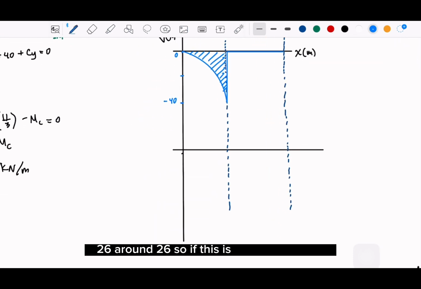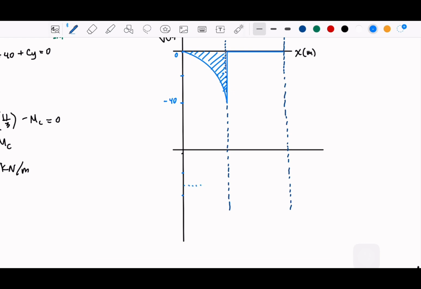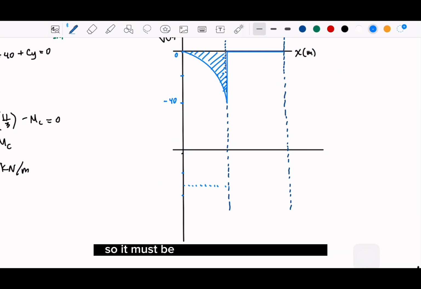If this is perhaps 20 here, 30 here, then it is going to be here. And it's cubic, so it must be a little bit steeper like that.